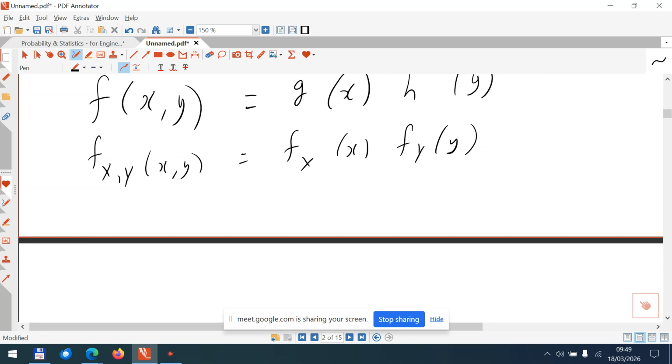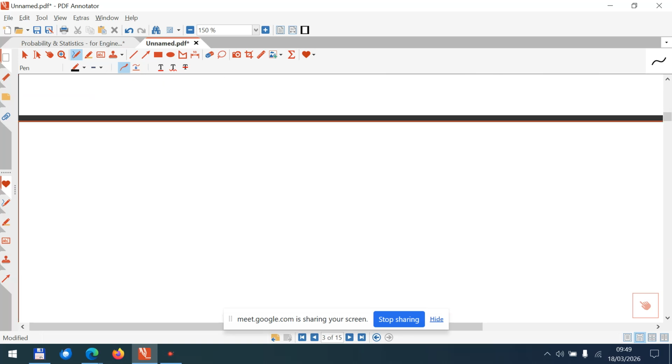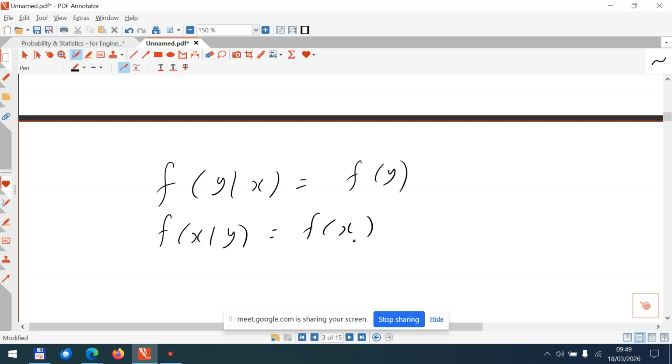And what this also means is that if they are independent, then this conditional distribution must be the same as the unconditional distribution. Similarly, f of x given y should also be equal to f of x, the unconditional one, which is the marginal.